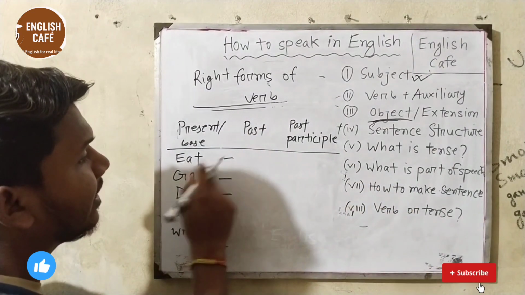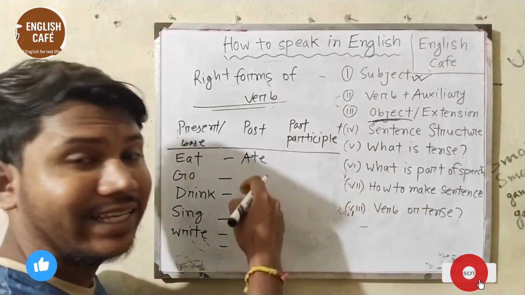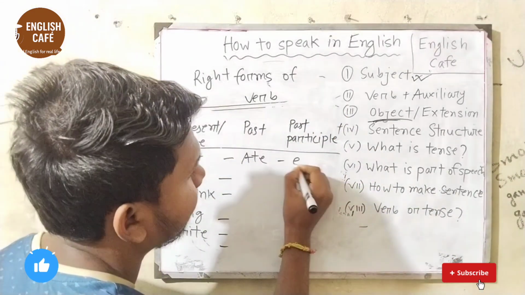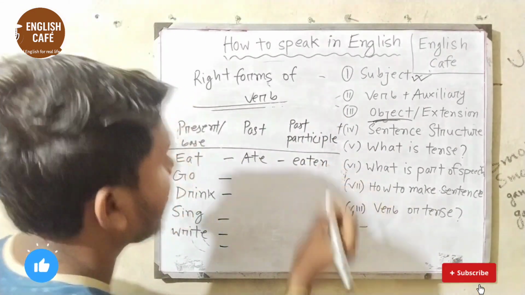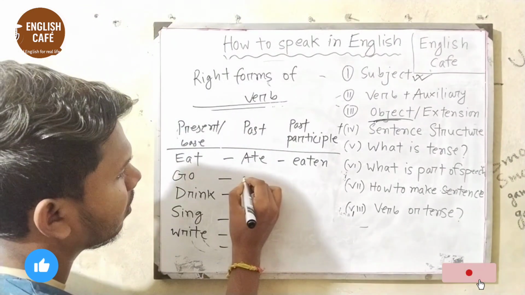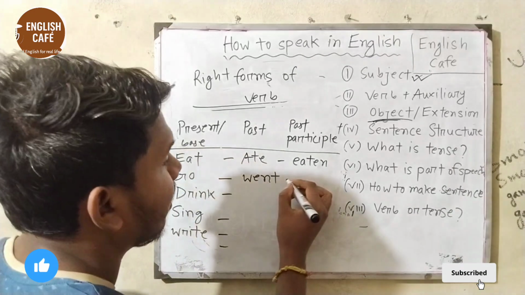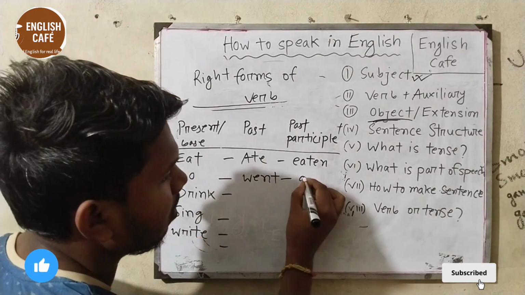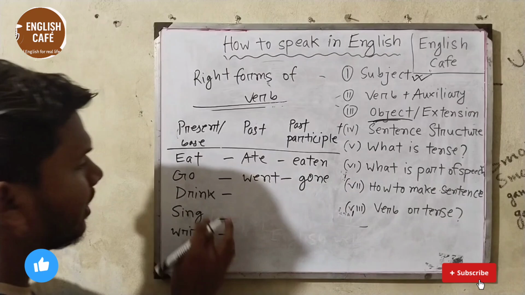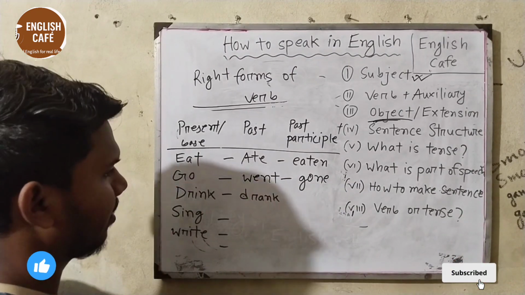The past form of eat is ate. The past participle form of eat is eaten. Okay. Then go. The past form of go is went. Past participle is gone. Then drink. There is drank.